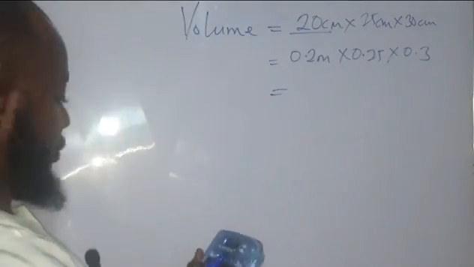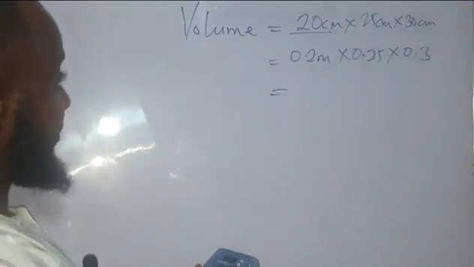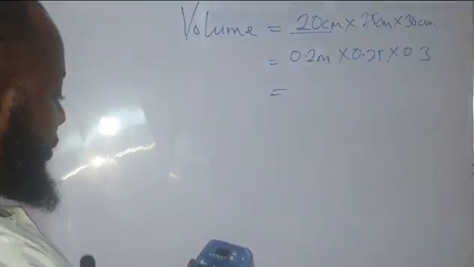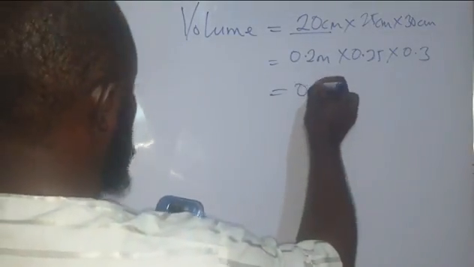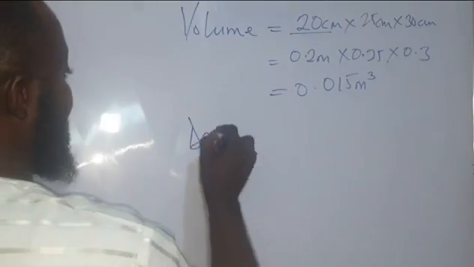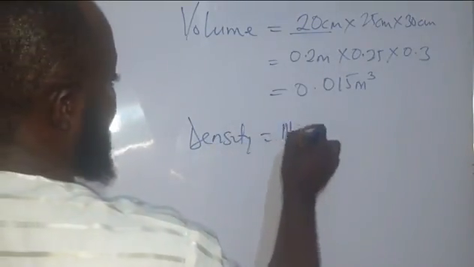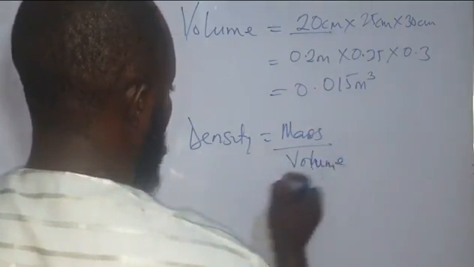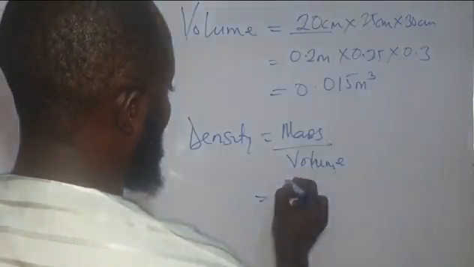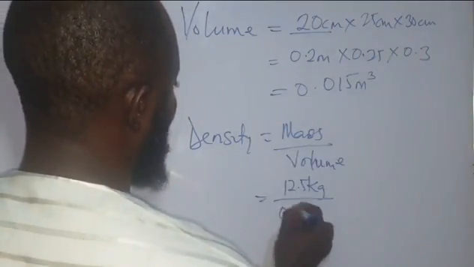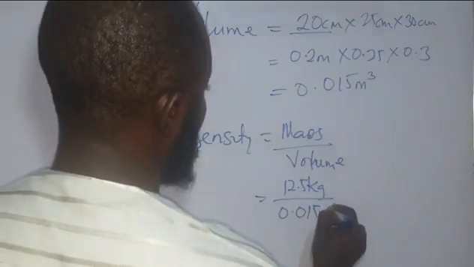So we then multiply: 0.2 times 0.25 times 0.3. That gives 0.015 meters cube. So our density will be the mass divided by the volume. The mass is 12.5 kilogram, divided by the volume, which is 0.015 meters cube.